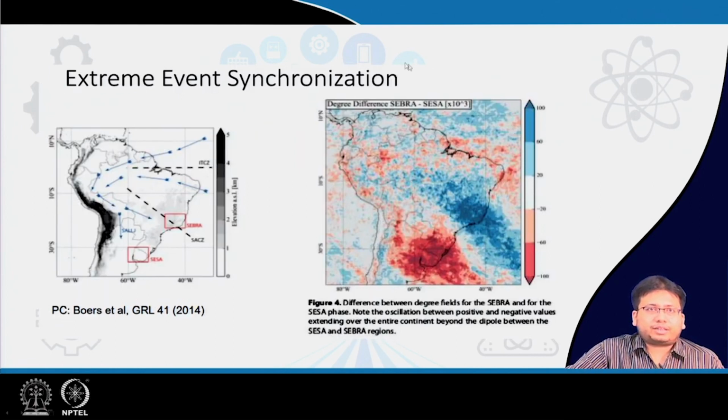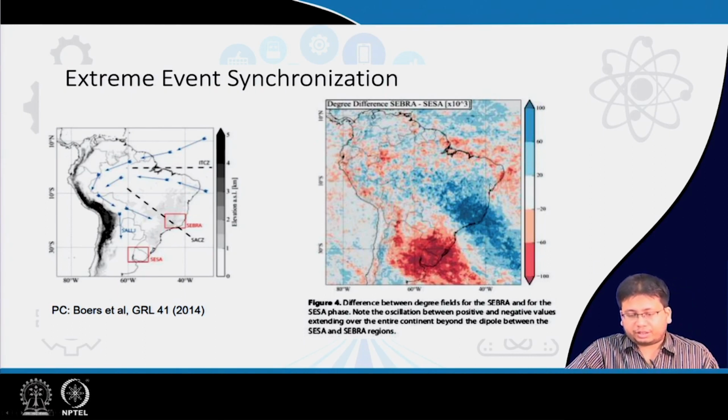This is a study of such a thing, where in South America they studied the oscillations of some kind of rainfall dipole. It was found that when these regions have high rainfall, then those regions have less, and vice versa.